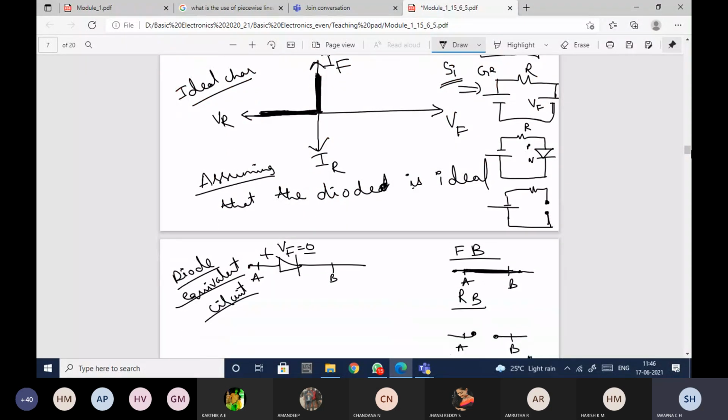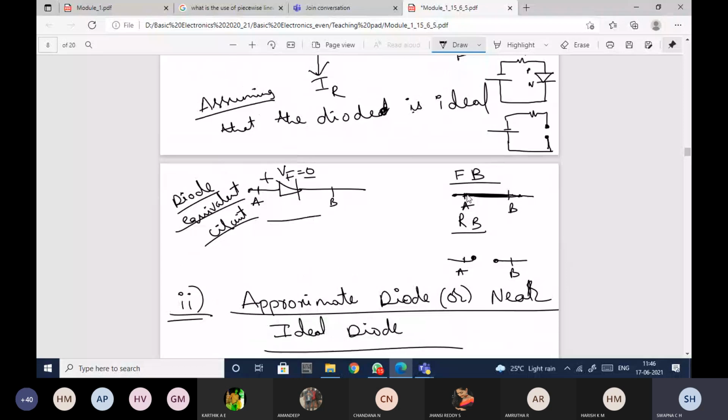If you observe the diode, when it is forward biased, you replace it with closed, in the sense on. When it is reverse biased, you consider it open, in the sense off. So the diode can be used as an on switch or off switch based on the biasing conditions. If forward biased, you replace the ideal diode with a short circuit, and if reverse biased, with an open circuit.